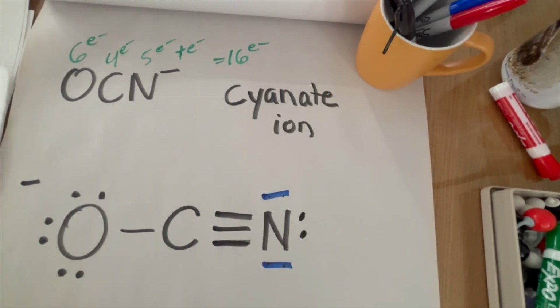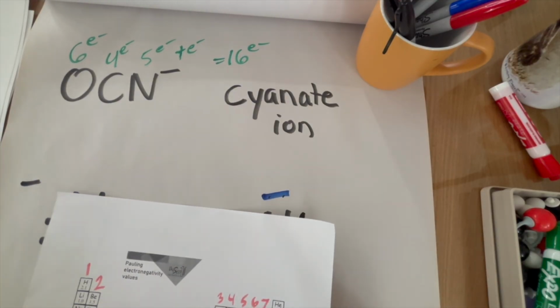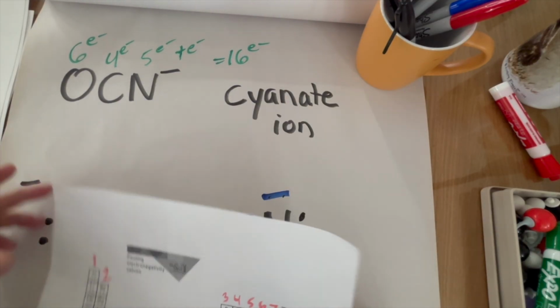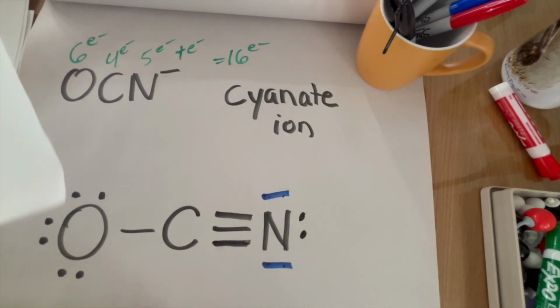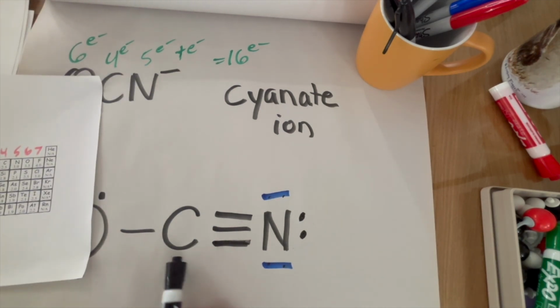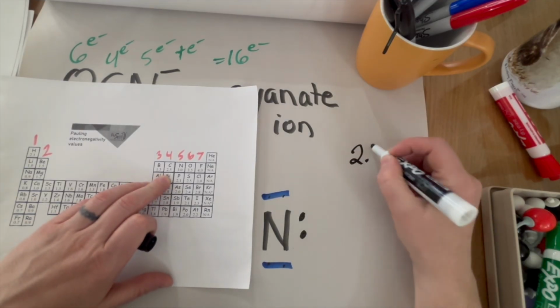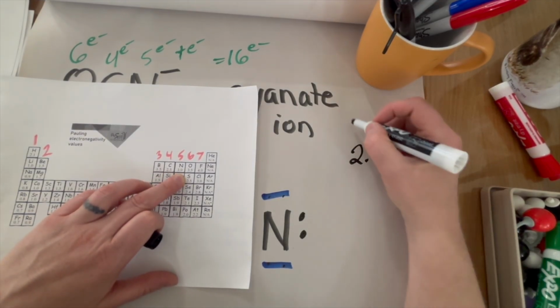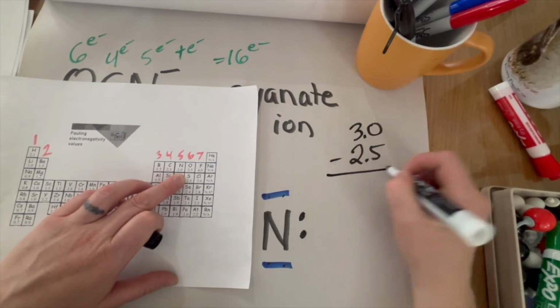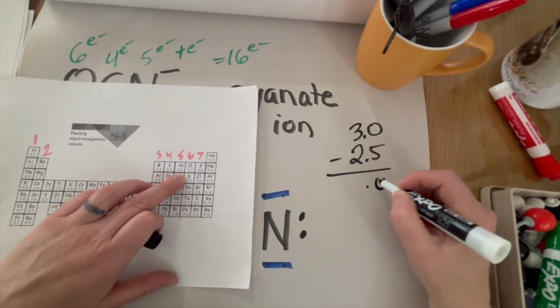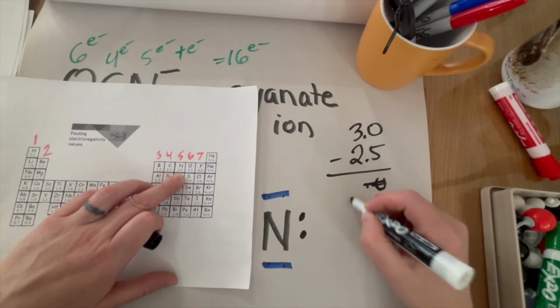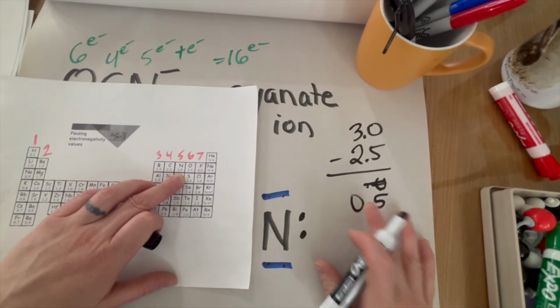And then we can look at the types of bonds here, and that is going to be by looking at the electronegativity. So between carbon and nitrogen, carbon has a 2.5 electronegativity and nitrogen has a 3. So if we subtract there, we have a 0.5, which just barely makes it polar.